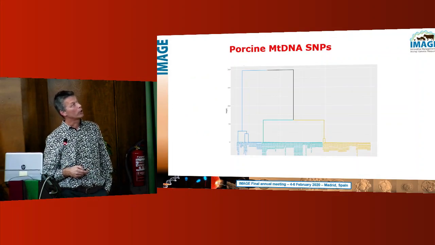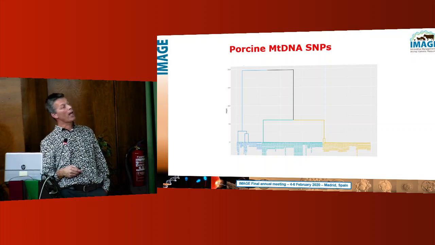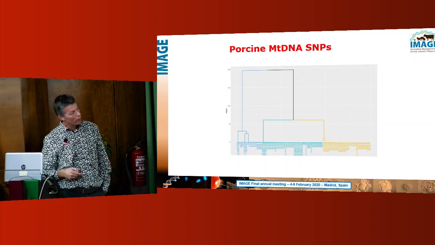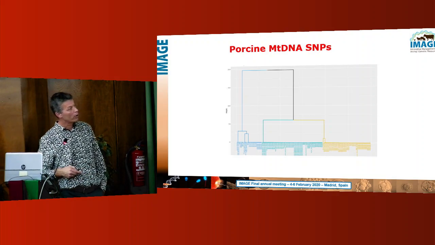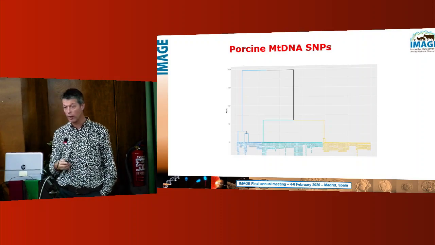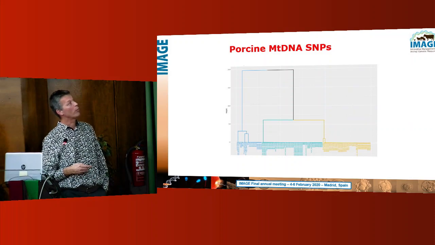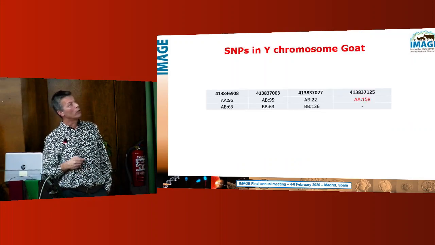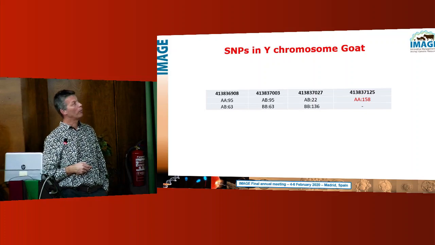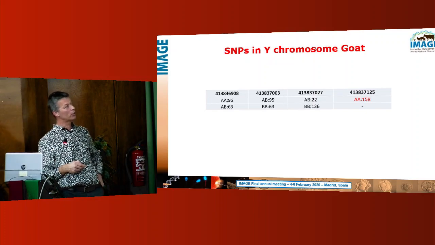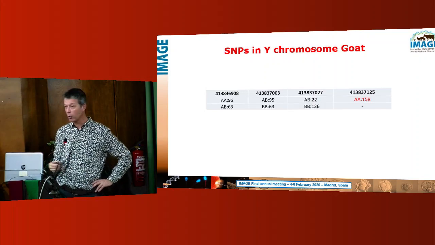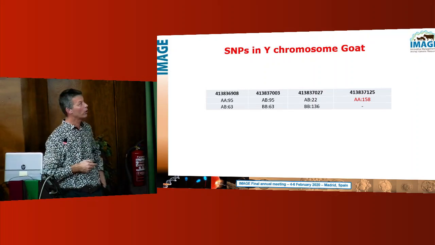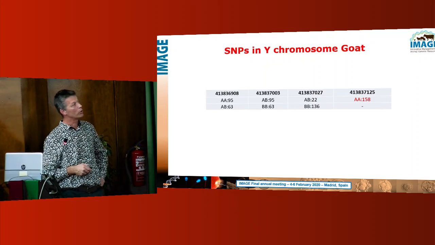Another example is the mitochondrial DNA. We used this information and clustered them, and they cluster very nicely according to what we already know on the haplotypes. The Y chromosome markers we are still working on, because there are SNPs which are segregating since they are present on both the Y and the X chromosome.